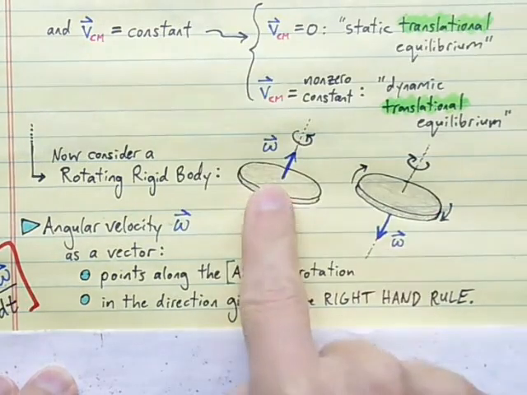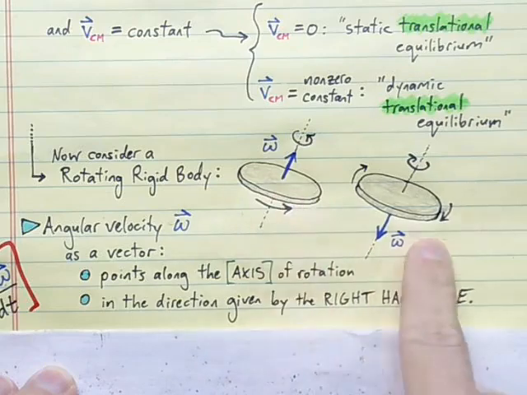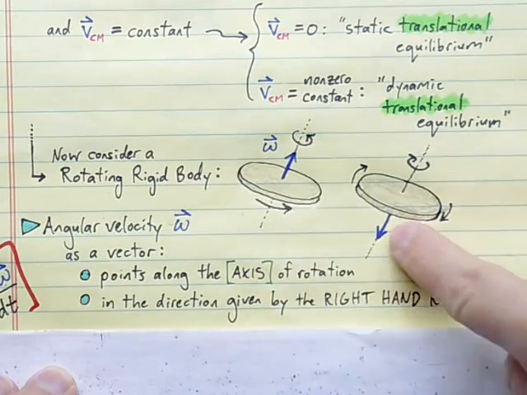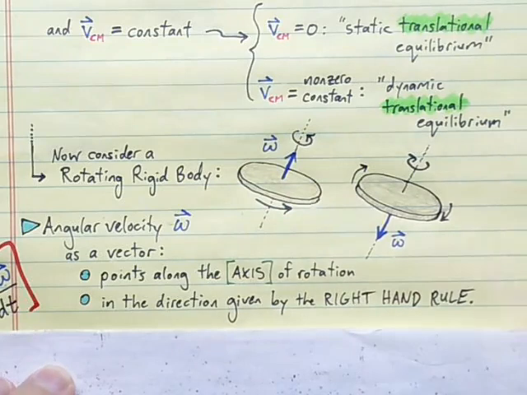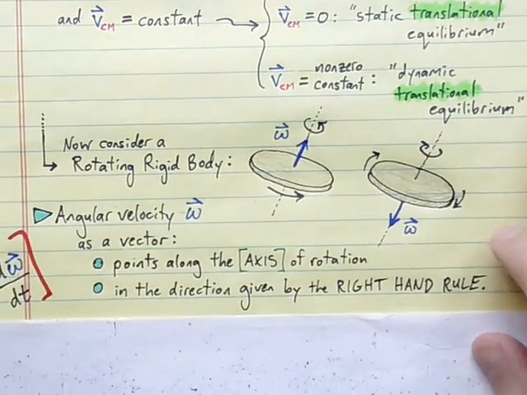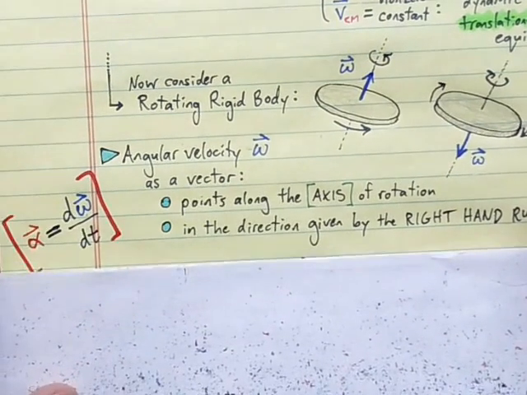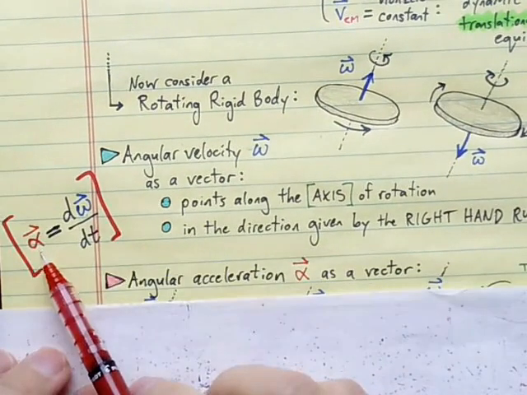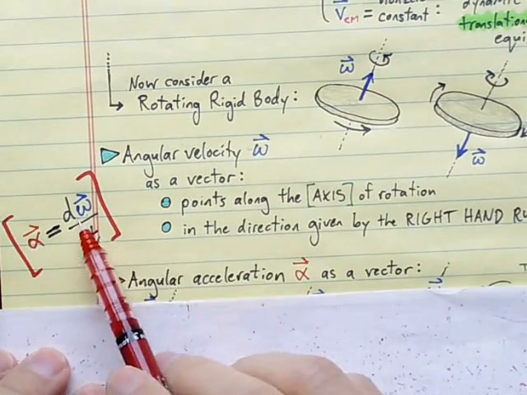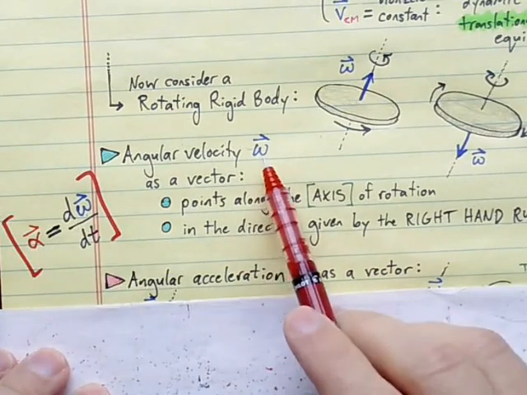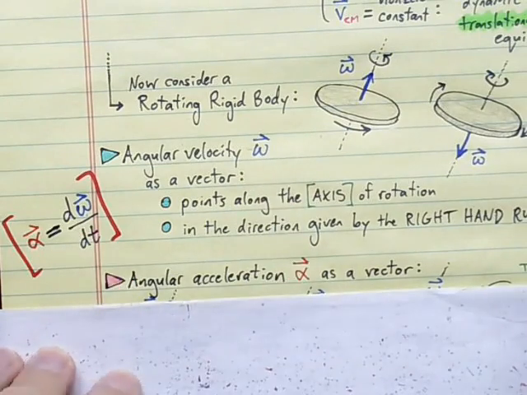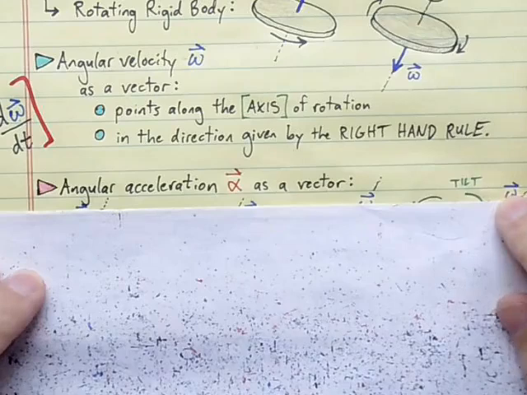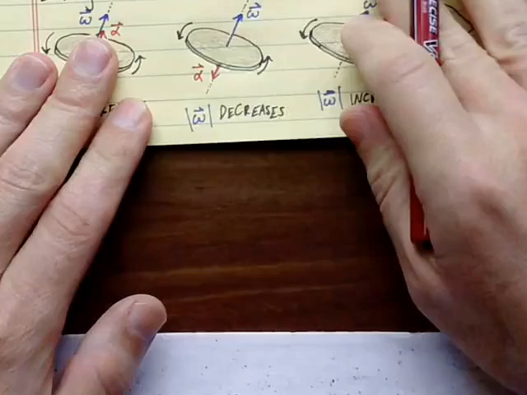So by reversing the direction of the rotation, we reverse the direction of that angular velocity vector. It's going to turn out to be useful to describe angular velocity as a vector in this way. As soon as we do that, we could then imagine introducing angular acceleration as a vector as well. The time derivative of this angular velocity vector is your angular acceleration vector. So alpha will be a vector for us now as well.